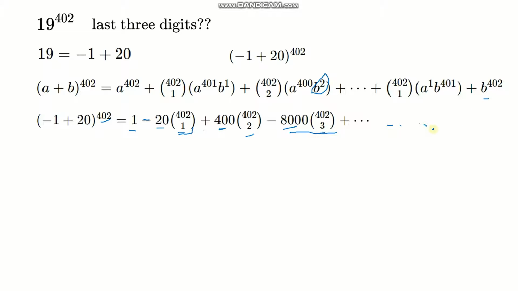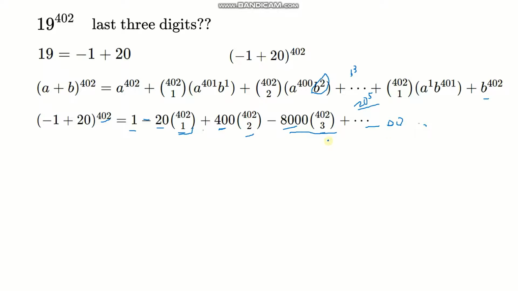You might notice why we only stop at negative 8000 times 402 taken 3: because we are only looking for the last 3 digits. The following terms have many zeros at the end, so adding or subtracting them just leaves more zeros at the end. 8000 is the cube of 20, and when you raise 20 to a bigger power, it gives more zeros to our terms.